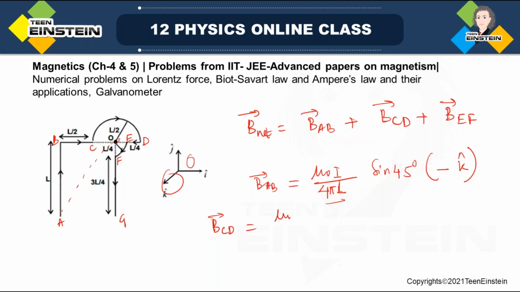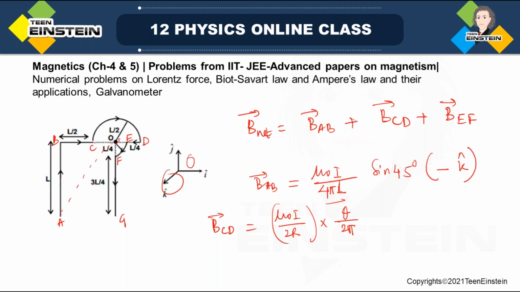Generally, for any arc, the field is μ0 I by 2r into θ, where θ is the angle the arc makes at the center, divided by 2π.